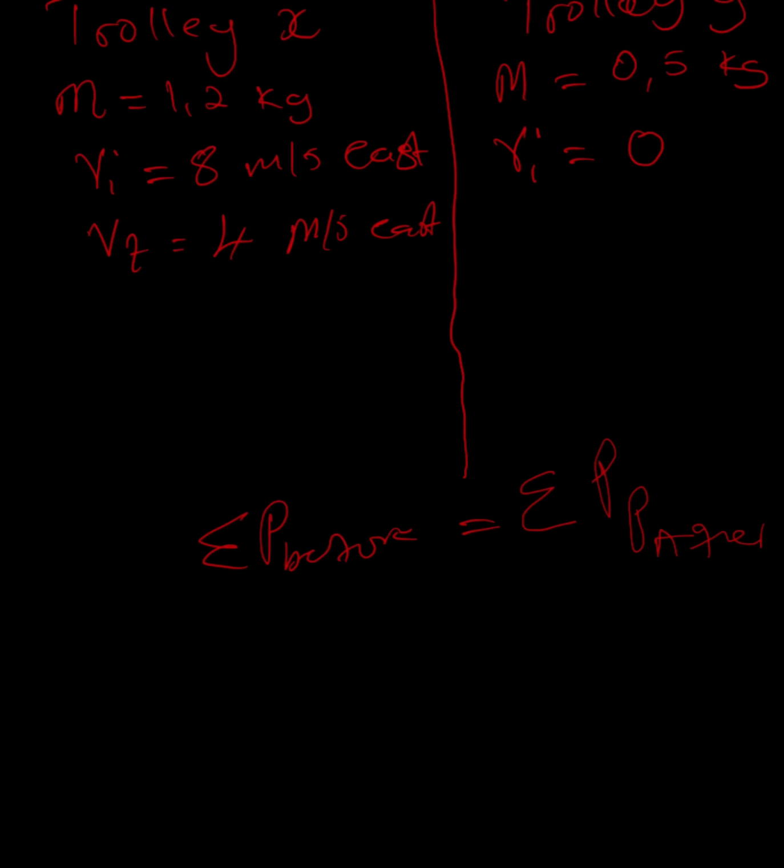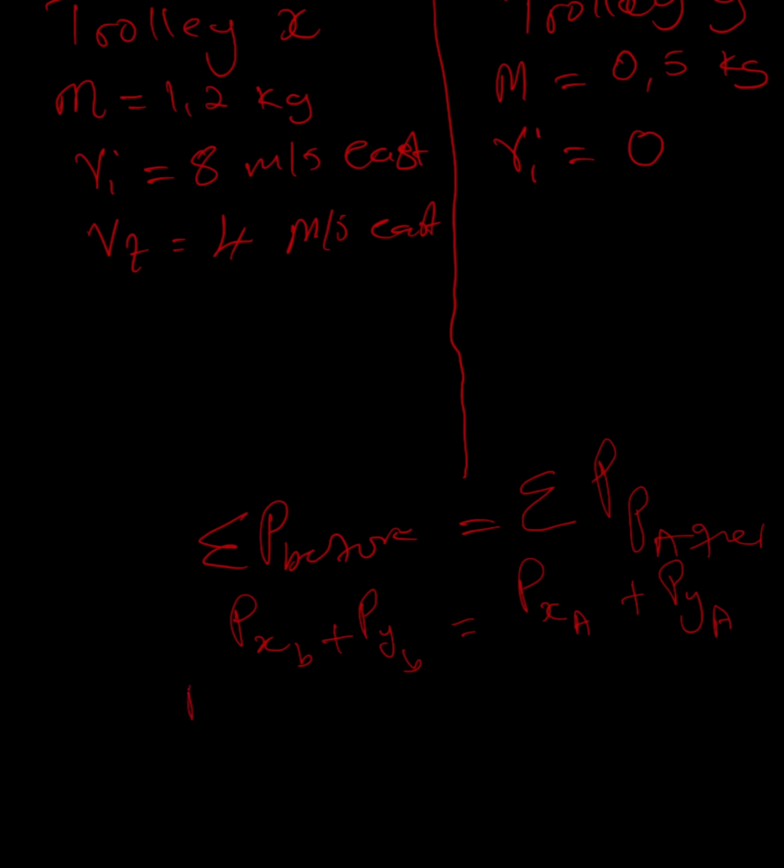Okay, so the sum of the momentum before will be the momentum of trolley X before plus the momentum of trolley Y before. This will be equals to the momentum of trolley X after the collision plus the momentum of trolley Y after the collision. Okay, so we are saying the sum of these two before must be equals to the sum of these two after. Let's look, what is the momentum? How do we calculate momentum?